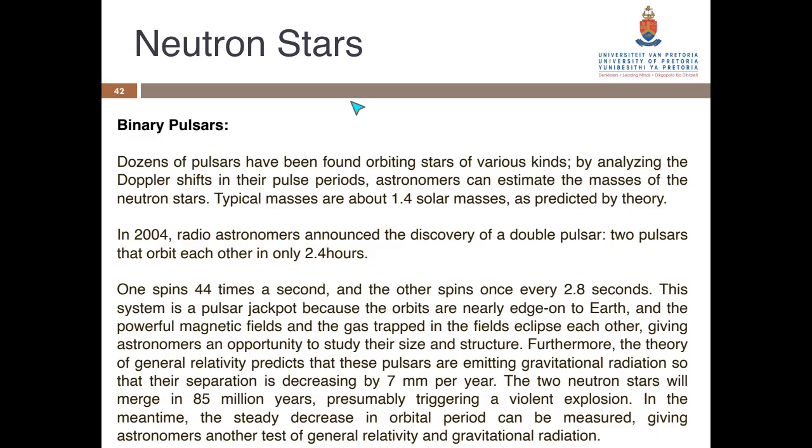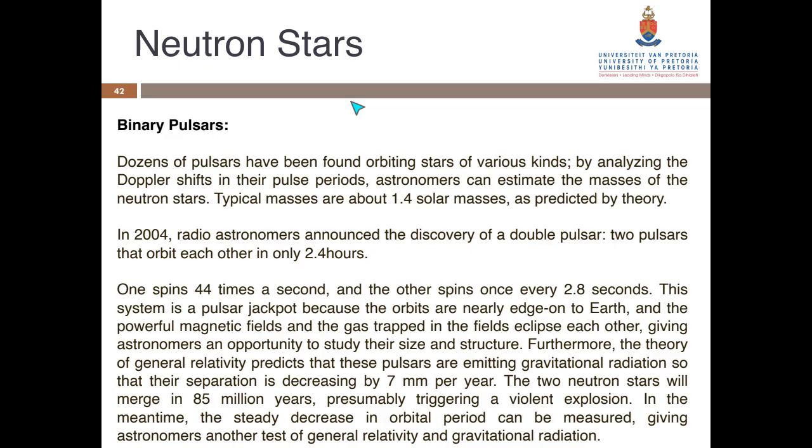The system is a pulsar jackpot because the orbits are nearly edge-on to Earth, and the powerful magnetic fields and gas trapped in the fields eclipse one another, giving astronomers an opportunity to study their size and structure. Furthermore, the theory of general relativity predicts that these pulsars are emitting gravitational radiation, so that their separation is decreasing by 7 millimeters per year.